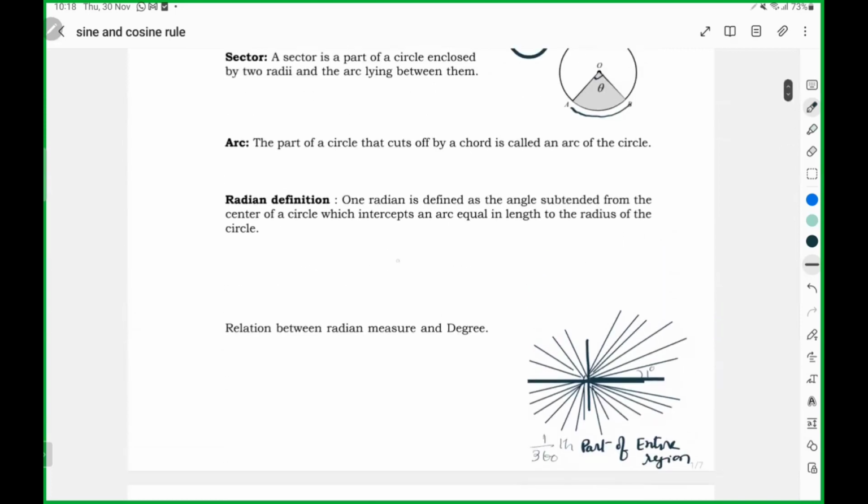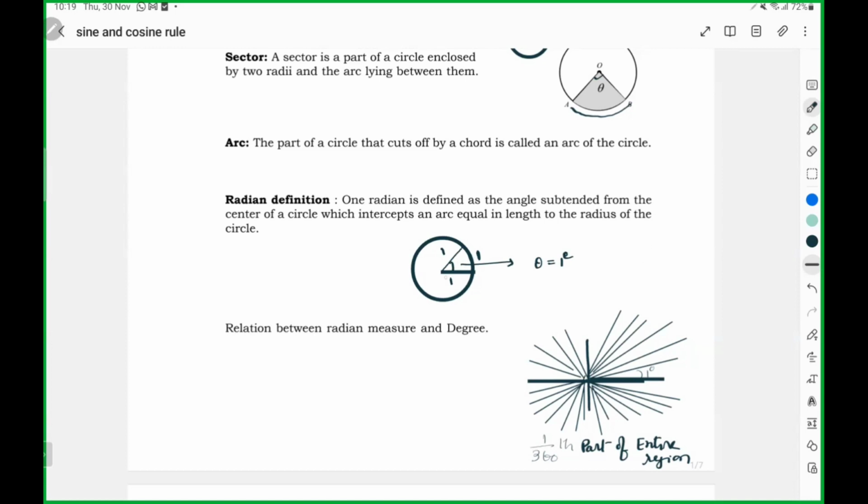And how is 1 radian defined? If you take a unit circle, meaning unit radius, and arc length 1 unit. The radius need not be 1 unit, even 2 units radius is the same thing.